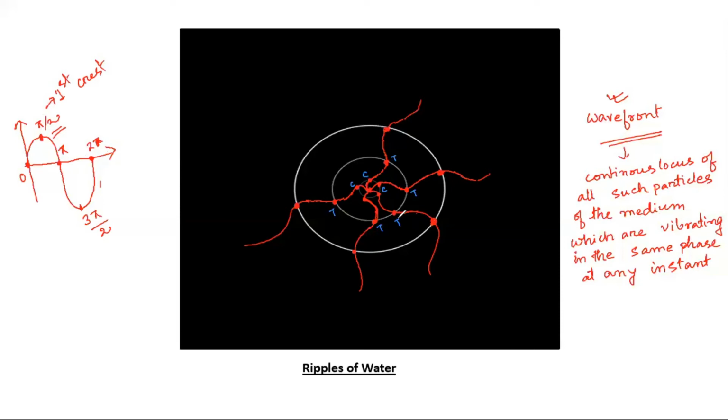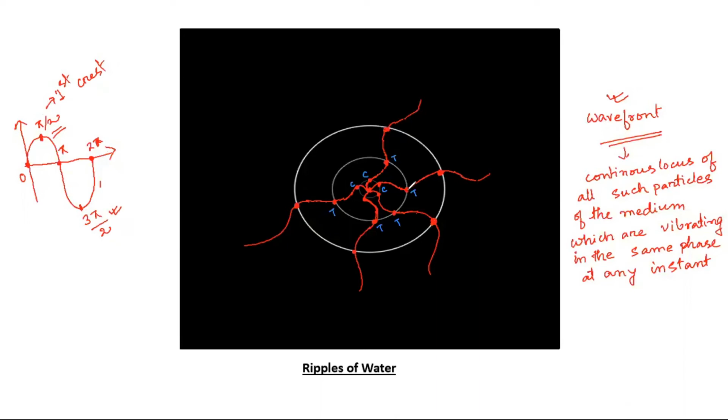Now if we talk about this point, this is our minimum displacement, and at this point the particles are vibrating with phase 3 pi by 2.